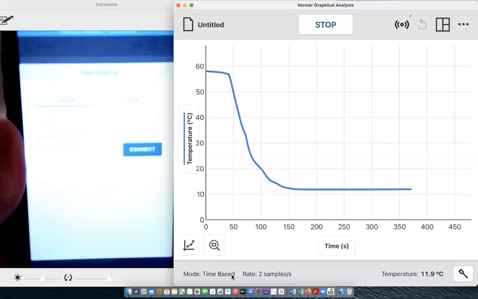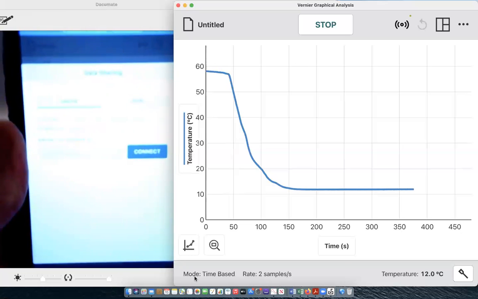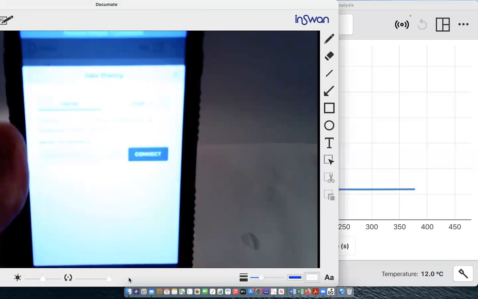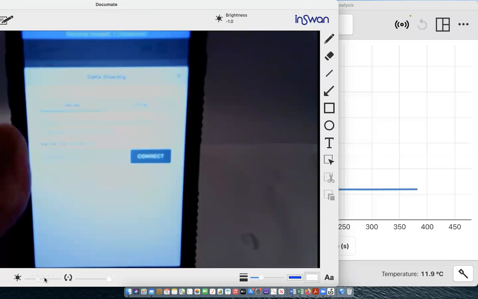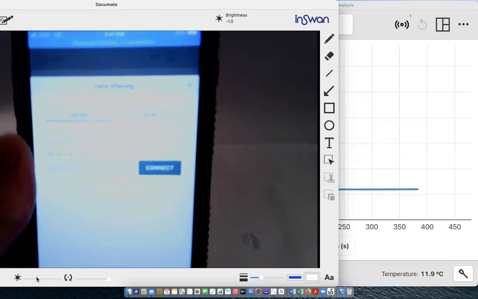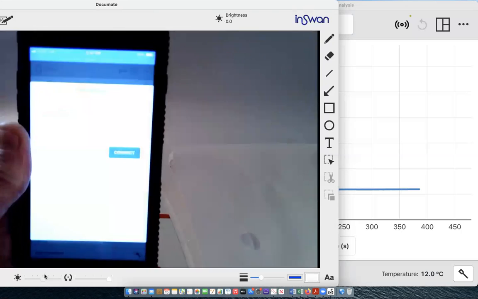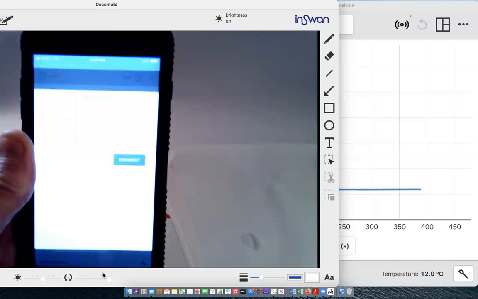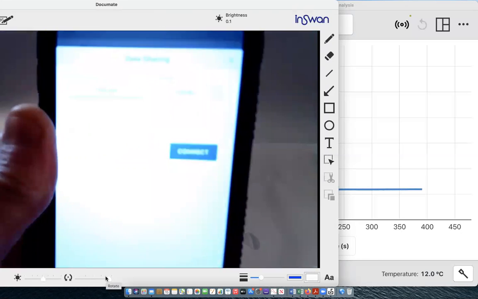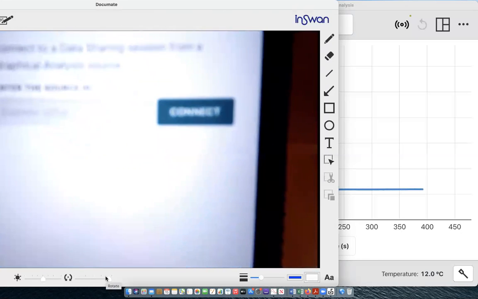Let me see if I can zoom in on that a little bit better for you. Sometimes it's very difficult to get a good image off of another screen.